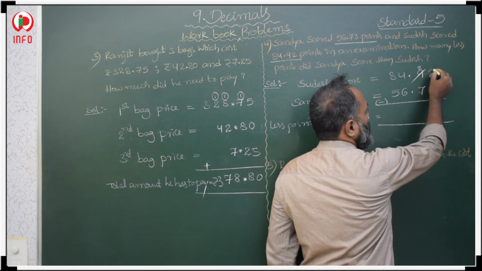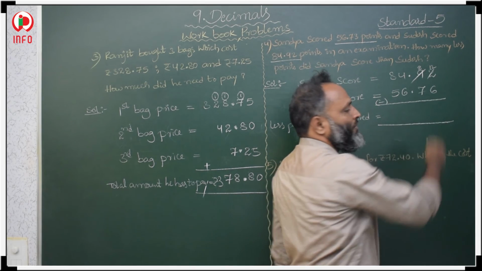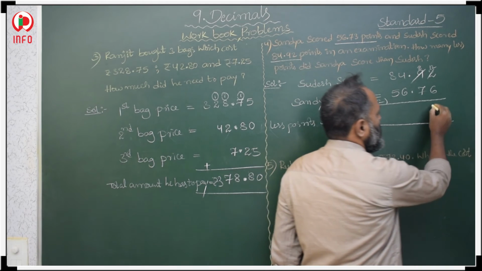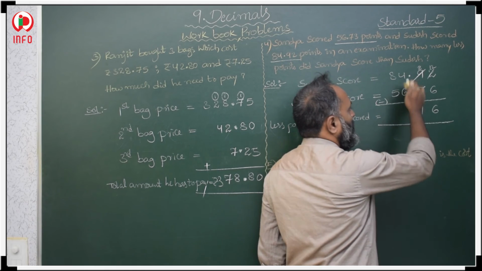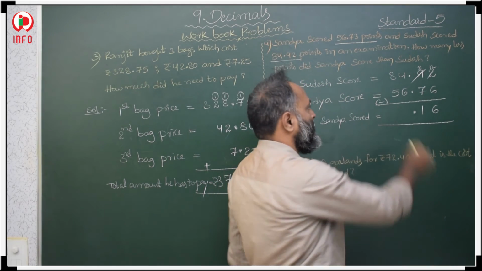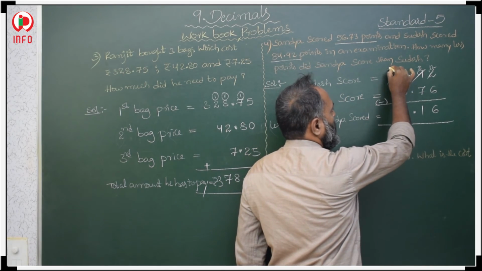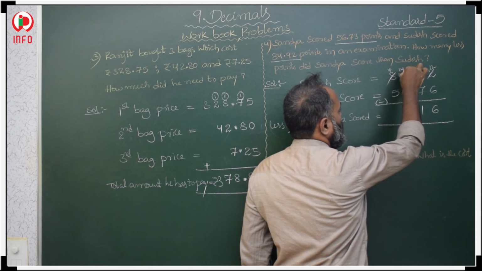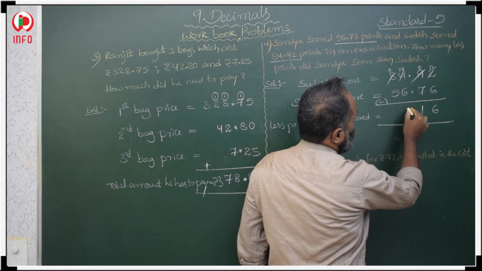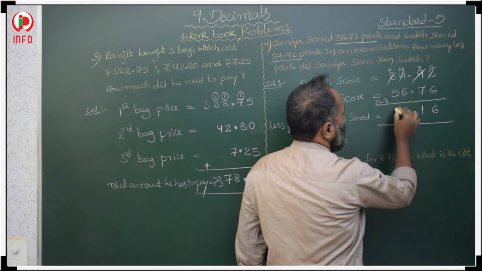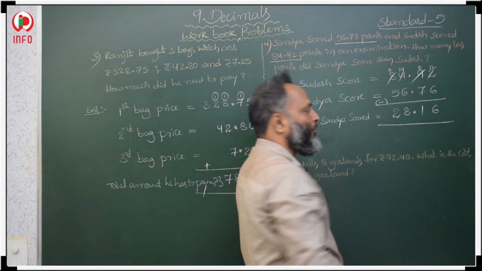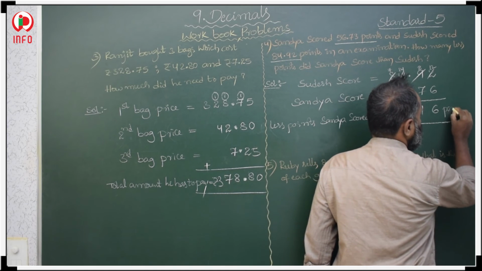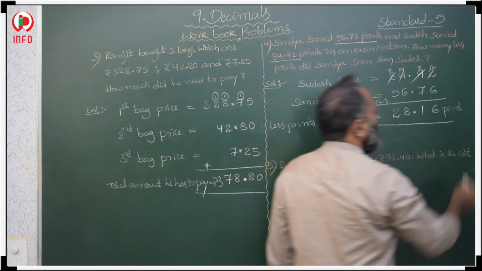Here you decrease by 1, increase by 10. 12 minus 6 is 6. 8 minus 7 is 1, then after that the point. 4 minus 6 again we cannot do, so borrow from here. Here you get 7, and 14. 14 minus 6 is 8. 7 minus 5, 2. 28.16 points. She scored this many points less.